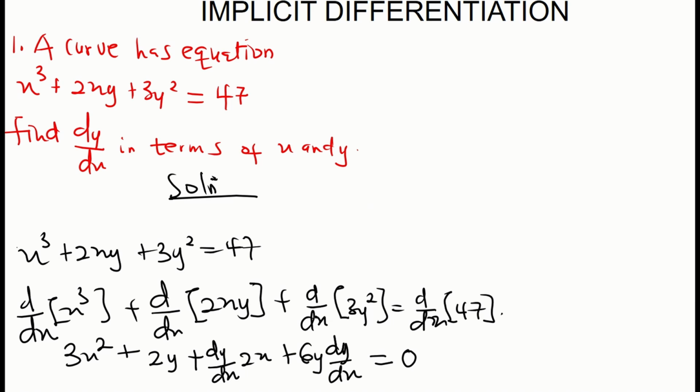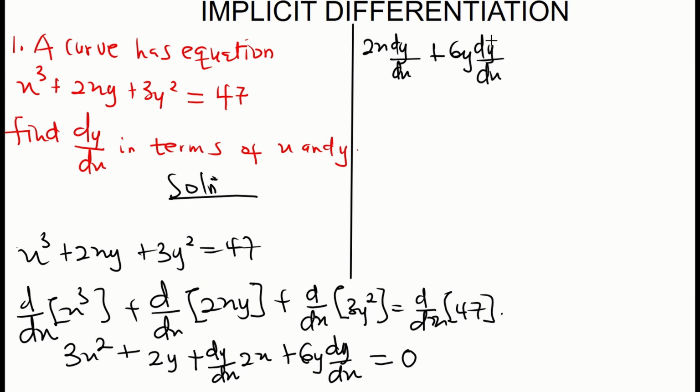Then we continue. Let's simplify the terms first. Let's put the terms that have dy/dx together. We have 2x dy/dx plus 6y dy/dx, plus 3x squared plus 2y, is equal to 0.